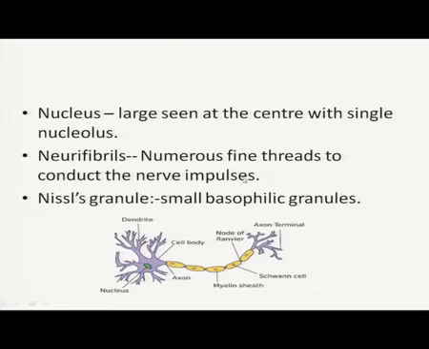Then numerous fine thread-like structures you can see in the cytone, which help it to conduct nerve impulses, and those are known as neurofibrils. Now, there is yet another structure, the granular, spherical, basophilic small structures, they are known as Nissl's granules. Nissl's granules are also seen in the cytone.